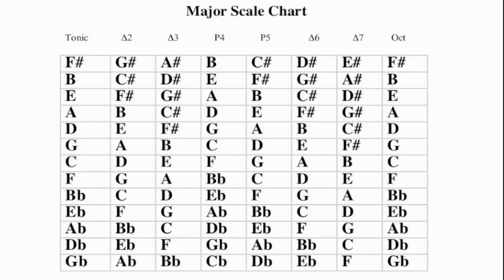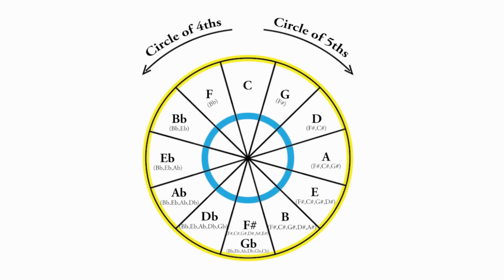Now we can add the keys with flats to complete the major scale chart as seen here. The F sharp at the top of the chart and the G flat at the bottom of the chart are inharmonic keys. If we connect all the keys in a circle, we see the following. This gives us a key wheel with keys a fifth apart moving clockwise, each adding a sharp accidental.